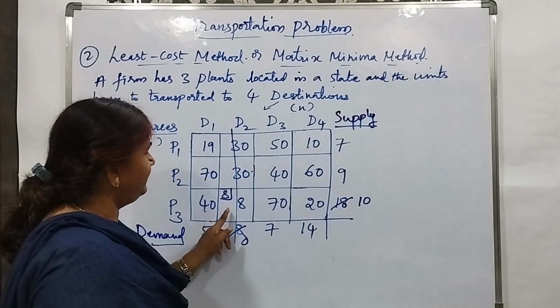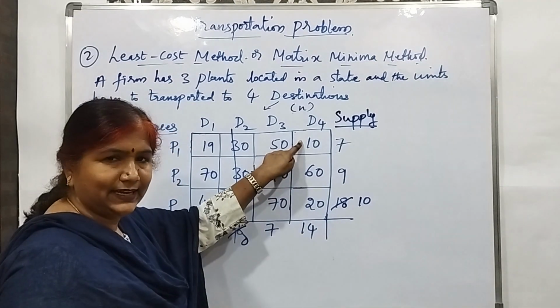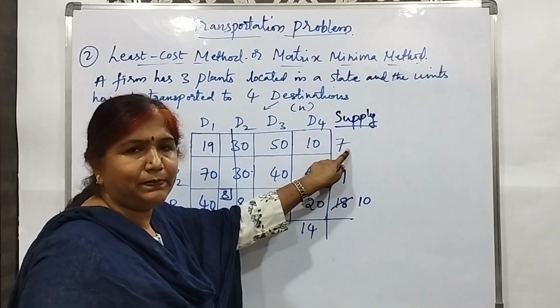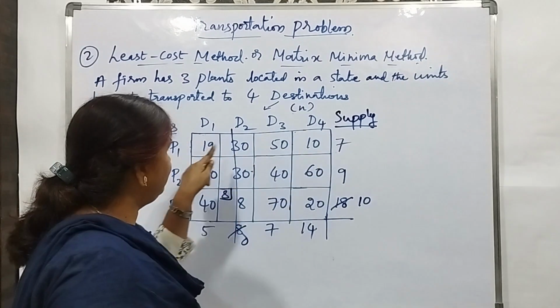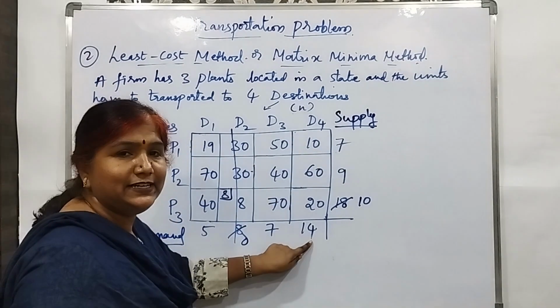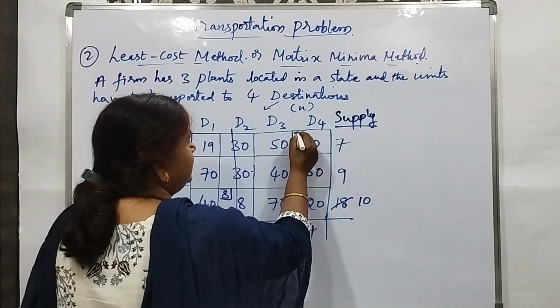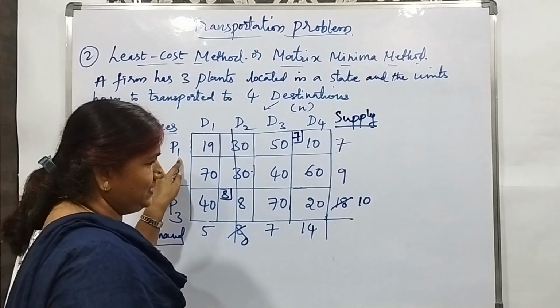Okay, then after 8, move on to the next least cost, that is 10. So compare the demand with the supply. Here the supply is very less with plant 1. Only 7 units are available with plant 1, but the demand is 14. So we have to pick the 7 units out of plant 1 and transport them to D4 destination.